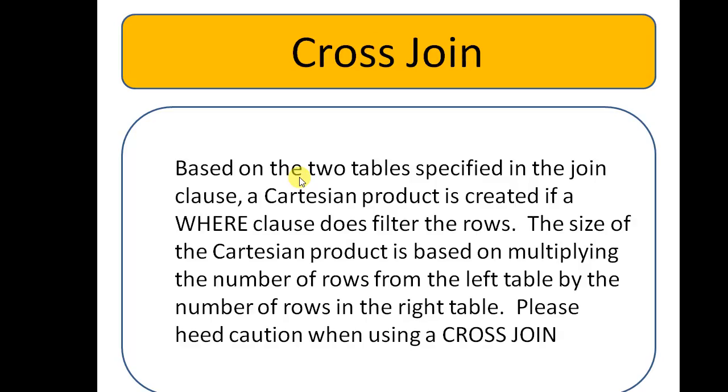And the next one is cross join. Cross join is based on the two tables specified in the join clause. A Cartesian product is created if a where clause does not filter the rows. The size of the Cartesian product is based on multiplying the number of rows from the left side table by the number of rows in the right side table.